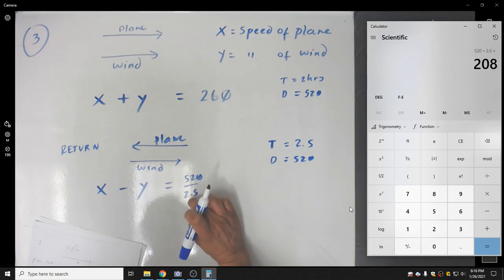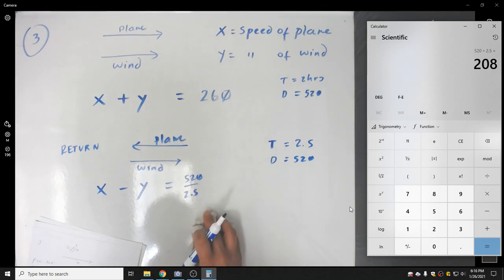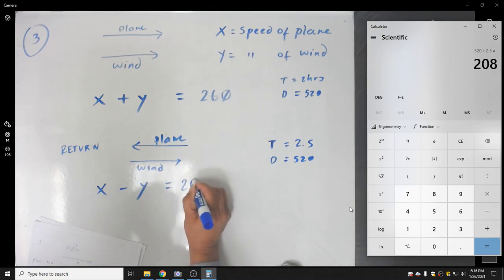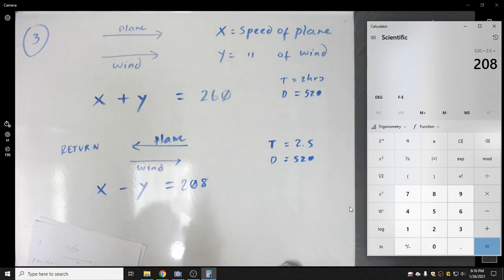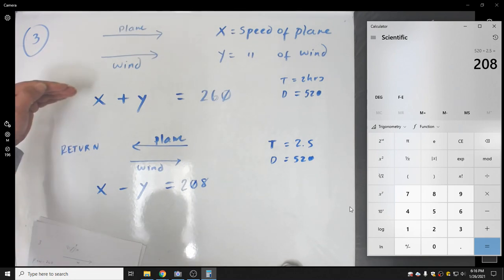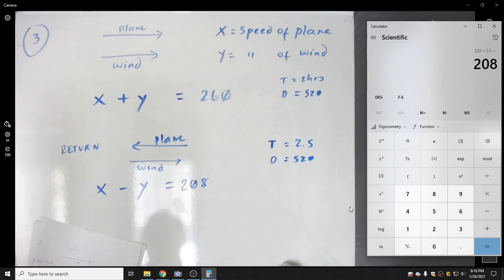So 520 over 2.5 is the same as 208. All right, since we're solving for x and y, and we have two linear equations with variables x and y, we're going to solve the system, and then we will have our answer.